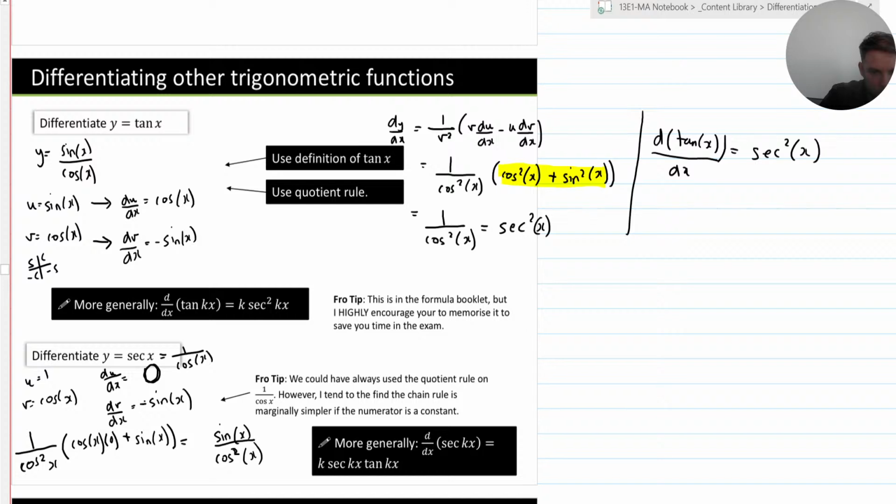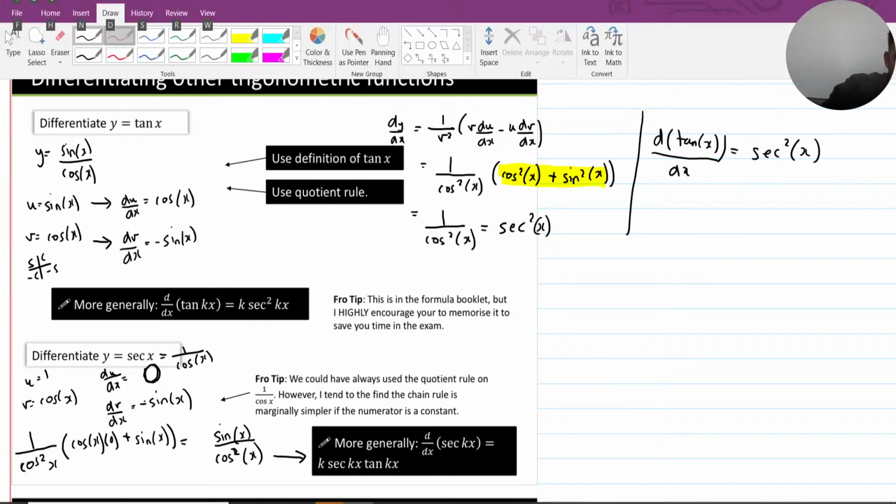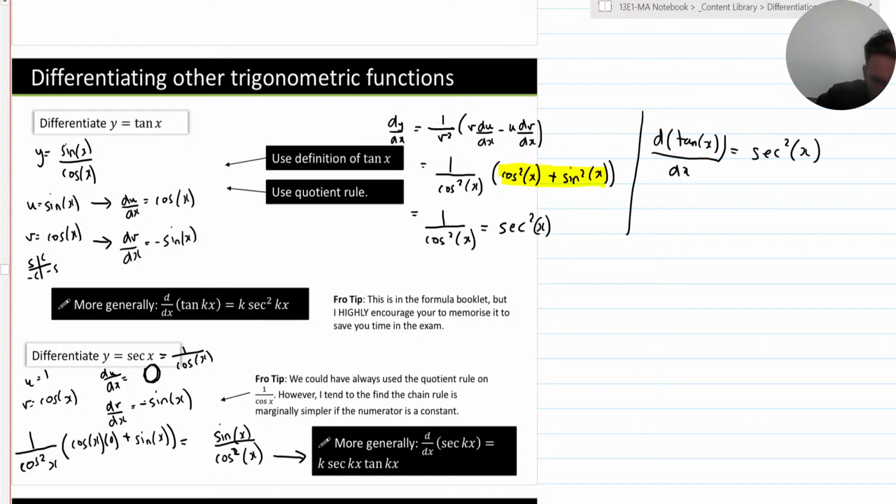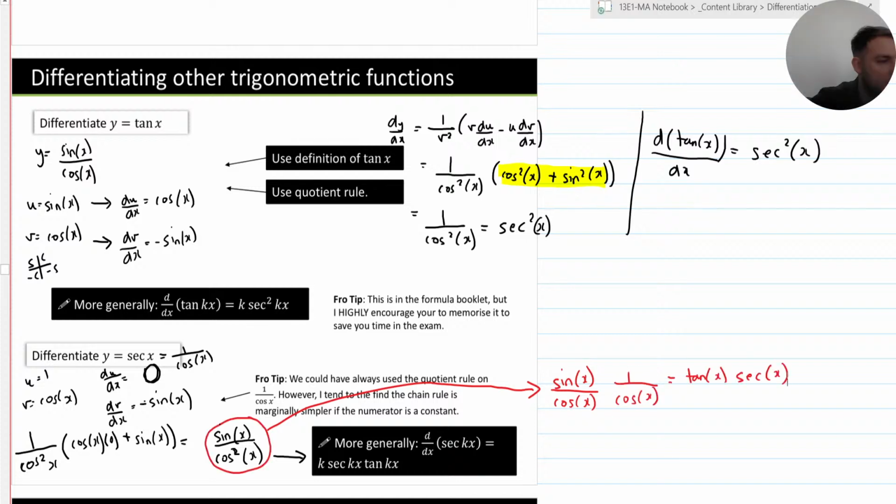Which actually can be split into this part here, and I'll show you how we're doing that. If I write this as sine of x over cos of x times by 1 over cos of x, we can see that that's the same as this part over here, can't we?